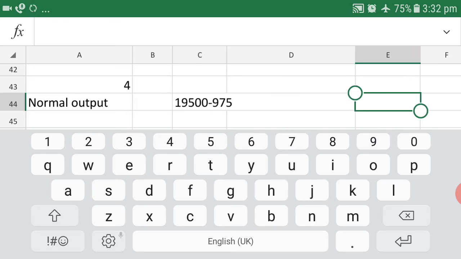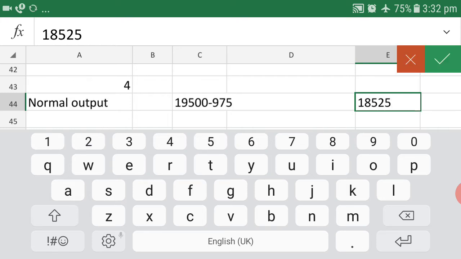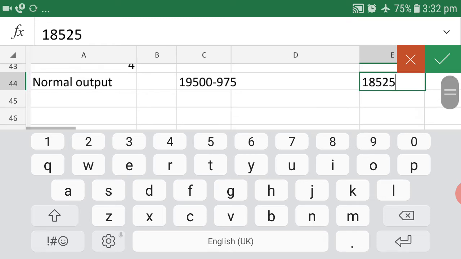We will get 18,525. Yes, that is the normal output.